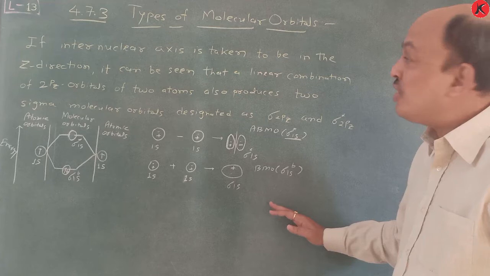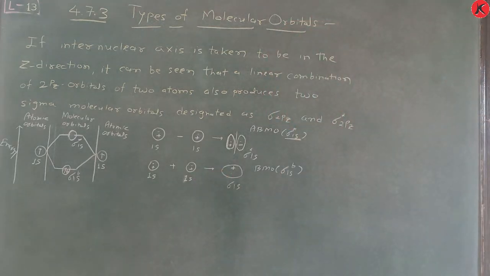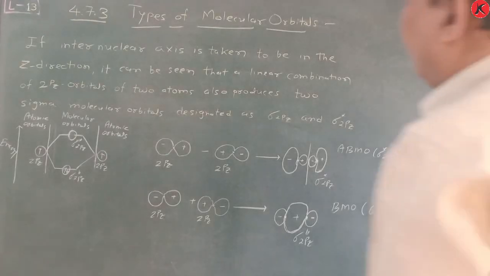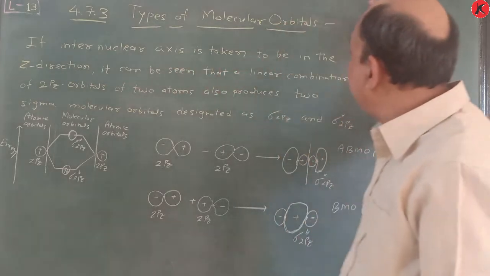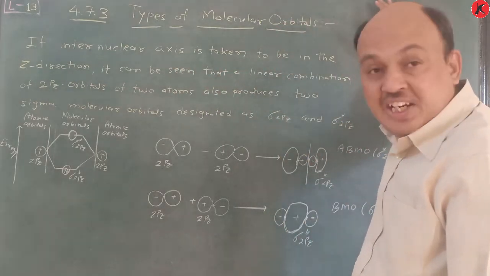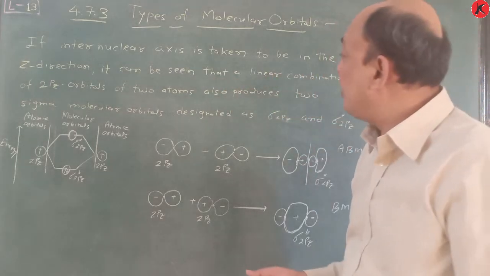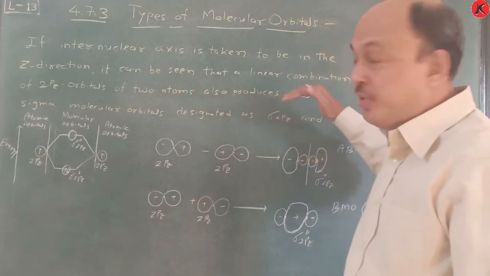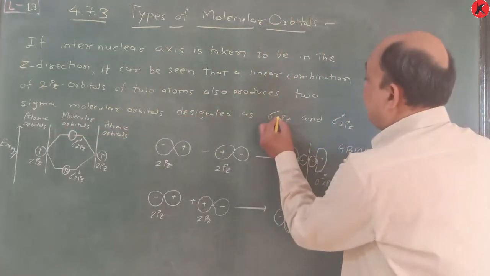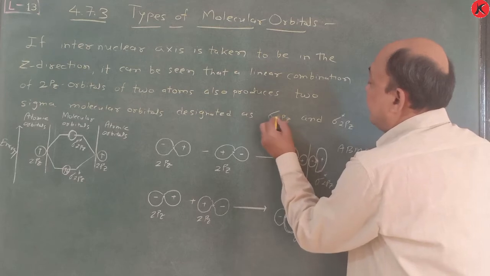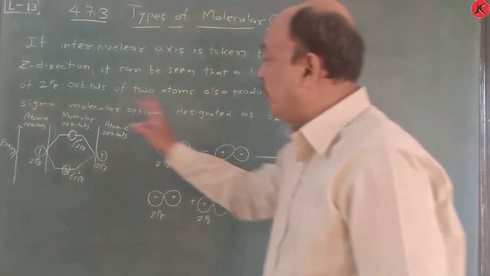Now let's switch to the next topic. Take a screenshot of this. If the internuclear axis is taken to be in the z direction, a linear combination of 2pz orbitals of two atoms also produces two sigma molecular orbitals, designated as sigma 2pz and sigma star 2pz.